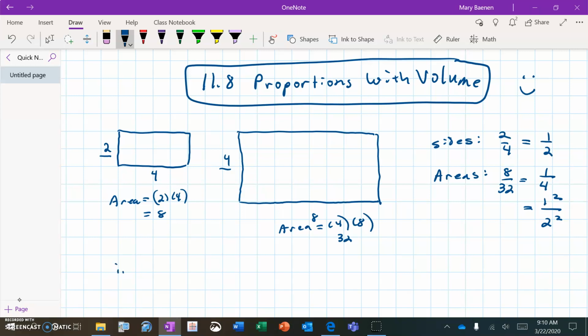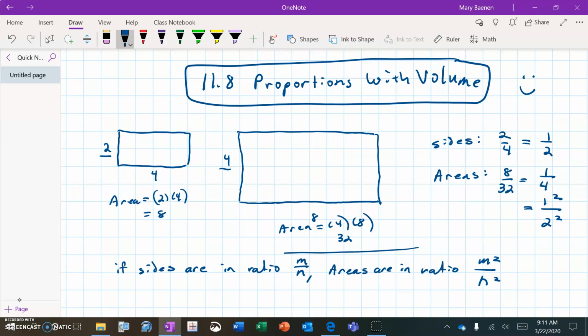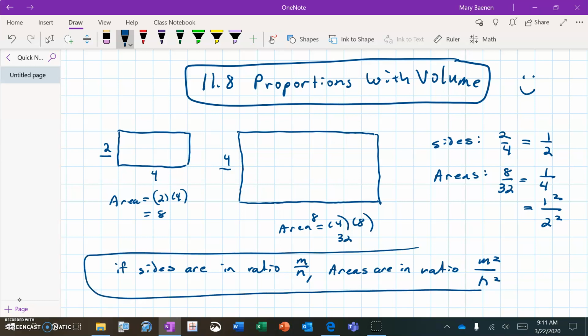So we said, if the sides are in a ratio of m over n, then the areas are in the ratio of m squared over n squared. Okay, so that's the review. We have a conjecture like that already.